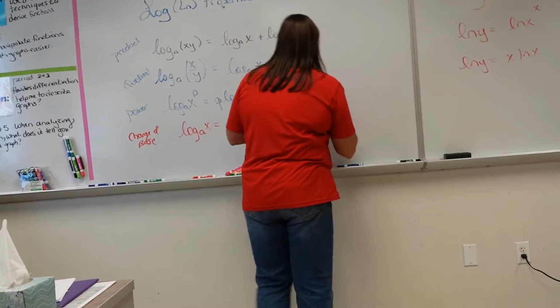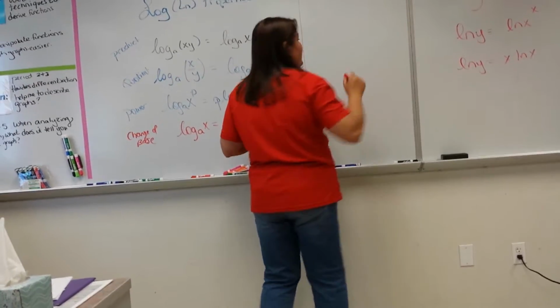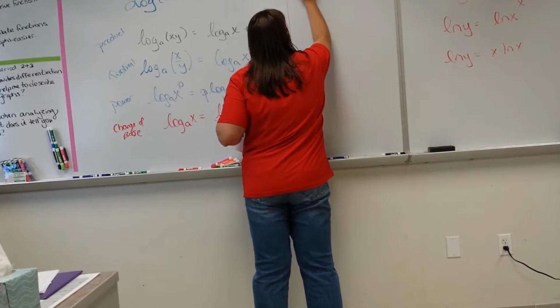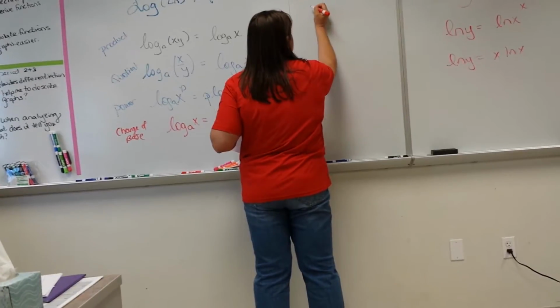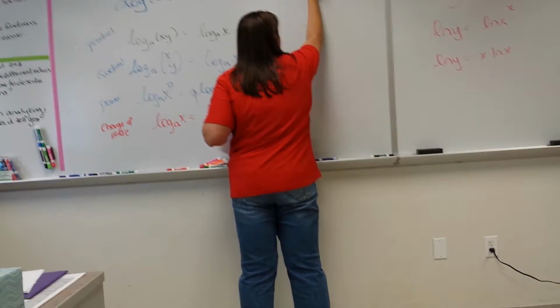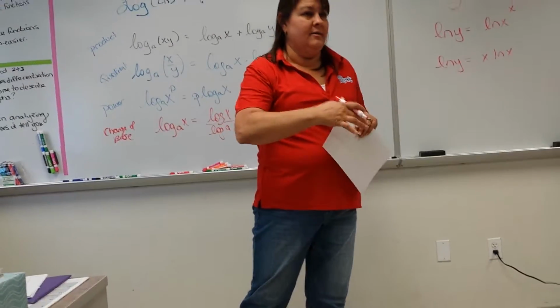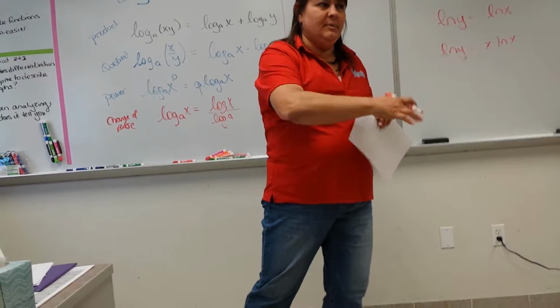So the first one, and this means take the derivative of, if you can recall, I'm going to start with e to the x. Why e? Because it's the base of natural logs, so they kind of come interchangeably.